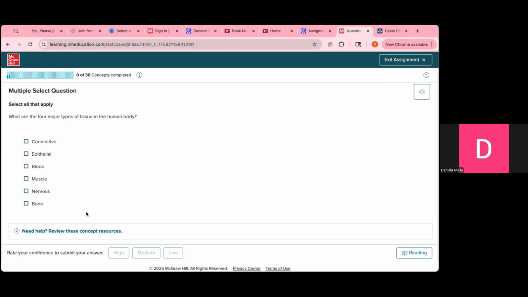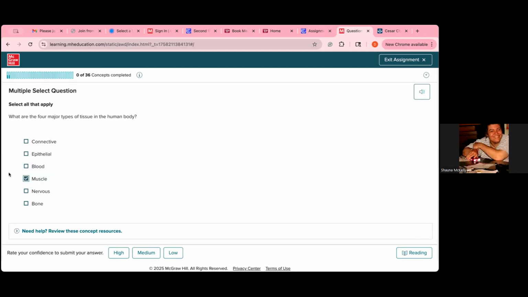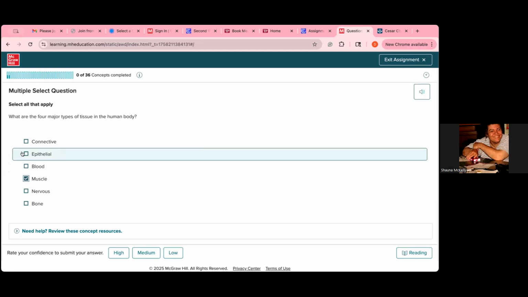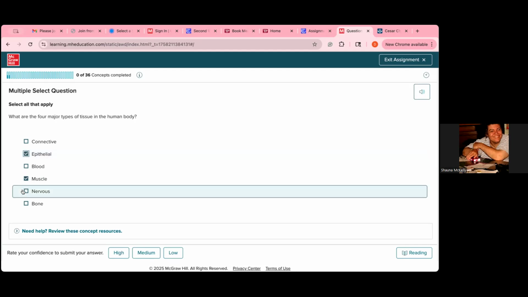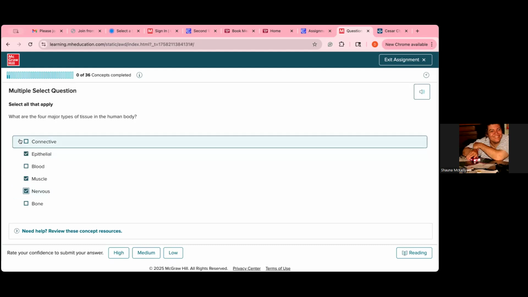I think one would be muscle tissue. Blood is technically a type of connective tissue. I would say it's epithelial tissue, which has several types, and then nervous tissue and connective tissue. That would be my guess.